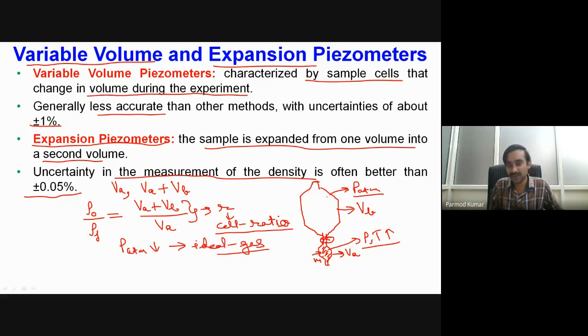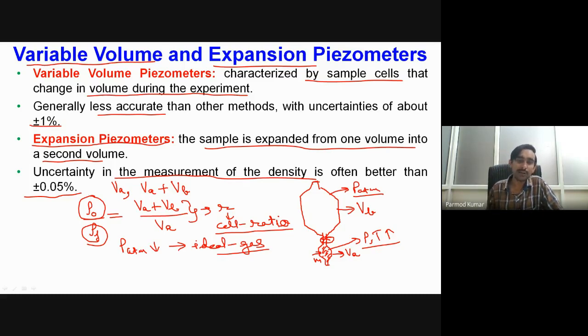Now if we measure the pressure and temperature of the final state, by applying the ideal gas equation we can calculate the final density, and the final density, with the help of this cell ratio, can be used to back calculate the initial density at the given conditions of pressure and temperature.